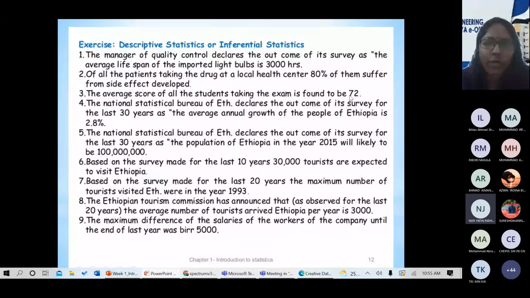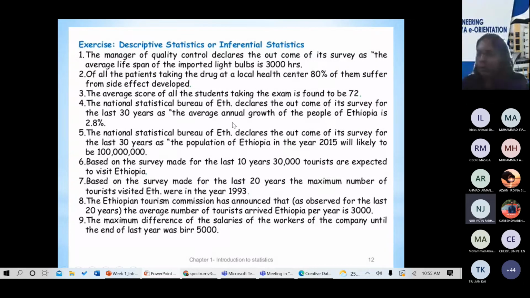I just calculated it to be 72. That's it. Okay, so this is descriptive. Right, there's only 5 minutes more to 11. So I leave you to decide on the others. Actually, I can quickly finish this as well.